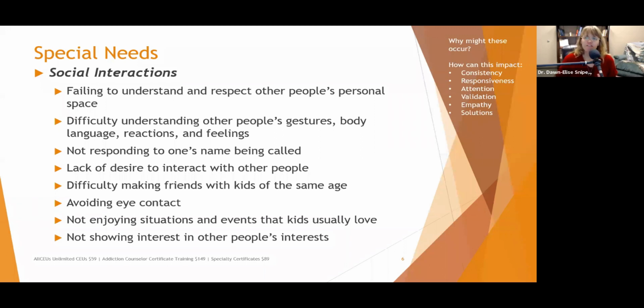They may have difficulty making friends with kids the same age. Children typically tend to run and jump and play and be loud and go from thing to thing. We know what kids look like on the playground. Well, for someone who is on the spectrum, that can be really overwhelming, and they may not understand exactly what's going on.